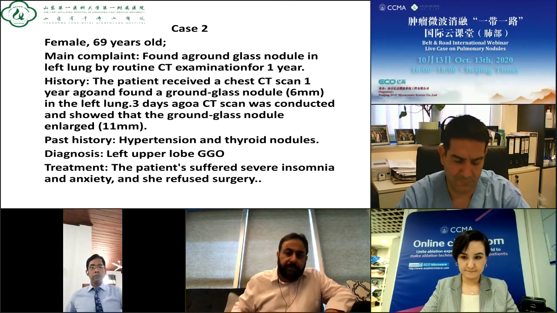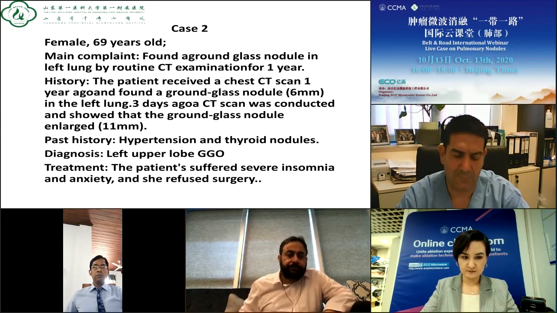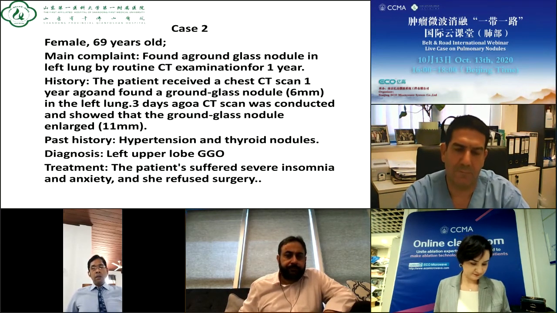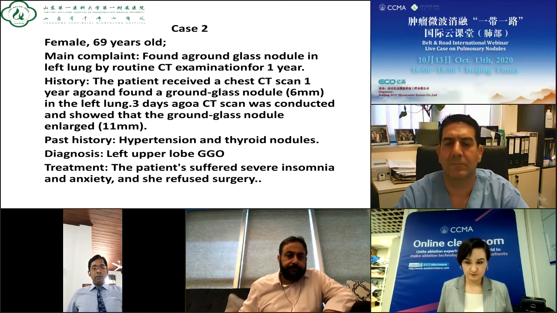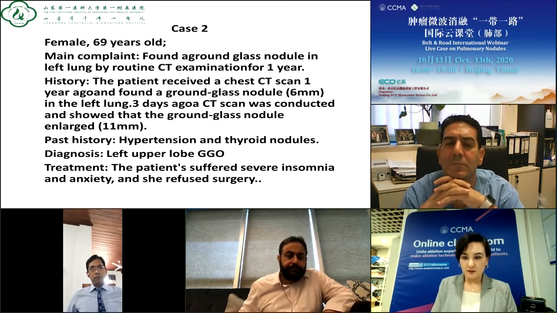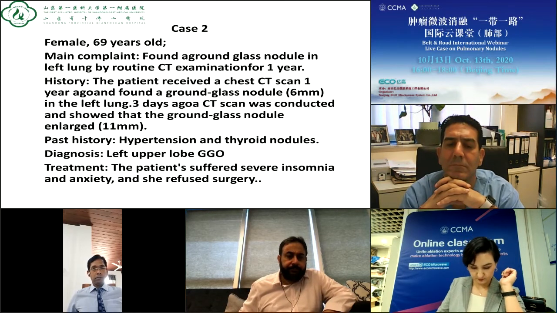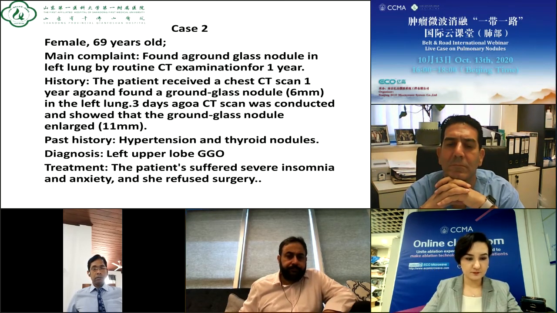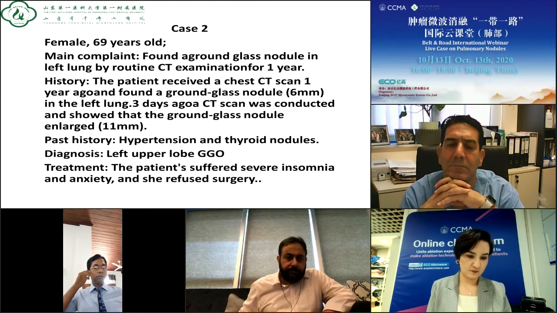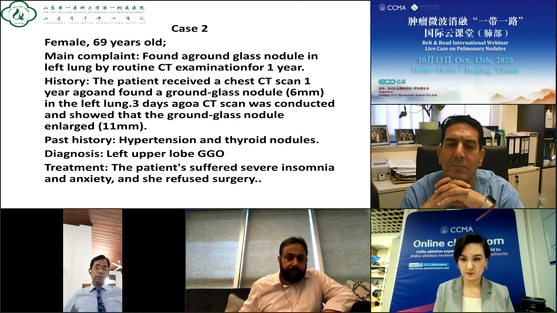So this is the second case. This is a female patient, 69 years old. She found a GGO lesion in her left lung 1 year ago, but the lesion gradually enlarged. 3 days ago, a CT scan showed that the GGO nodule had enlarged from 6 millimeters to 11 millimeters.